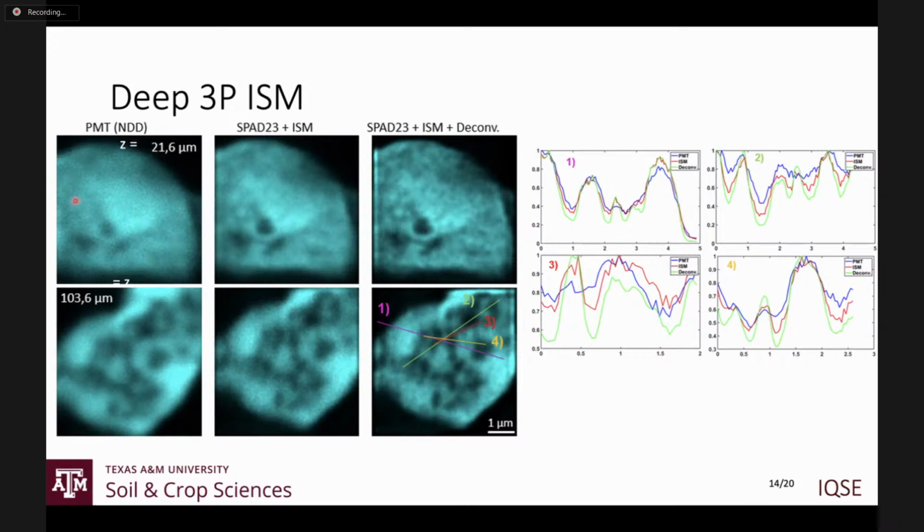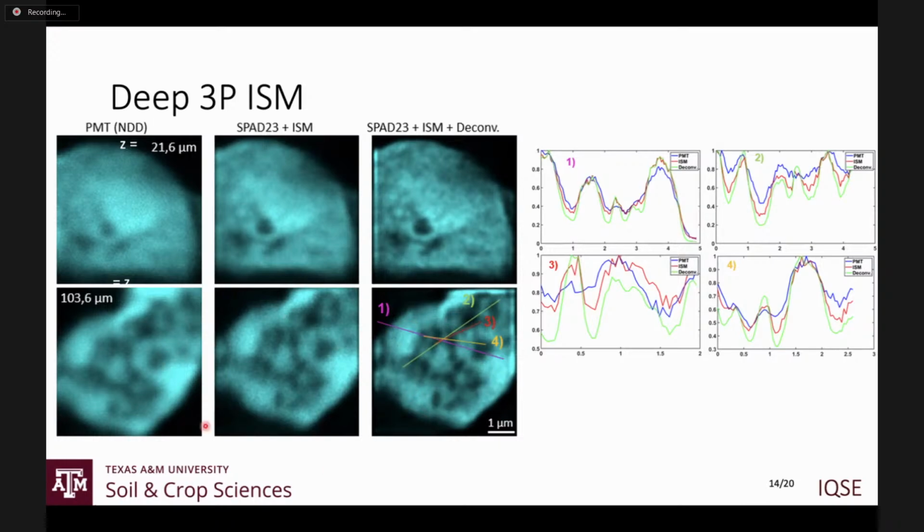One's just measured with the 3-photon imaging, where you can see that the image looks comparably blurred compared to the other images. And that's because of course, the resolution is not as good. When we do it with the image scanning microscopy, we get much sharper images. And when we add the deconvolution, we get really sharp images where we can see a lot of detail in there.